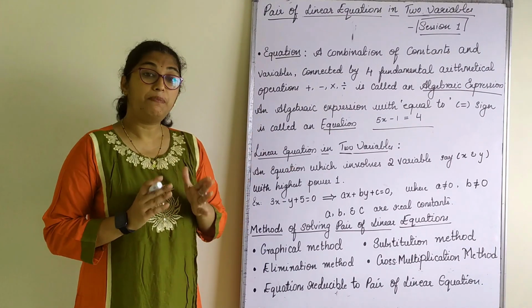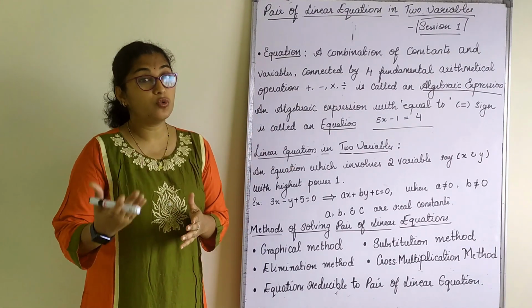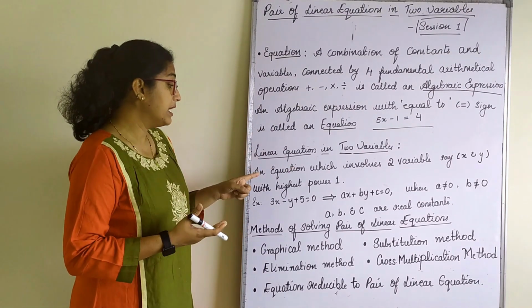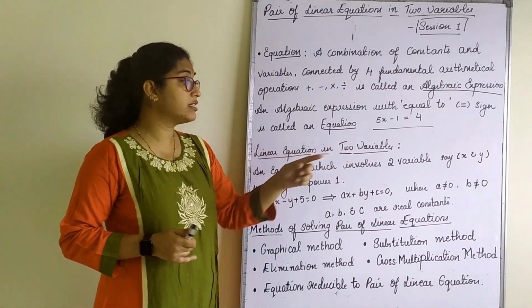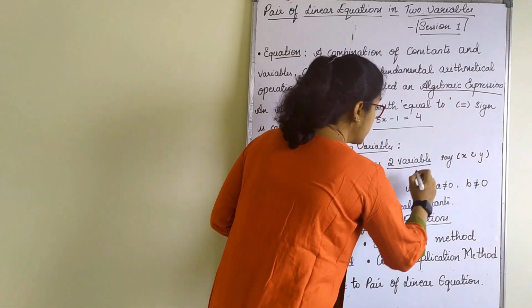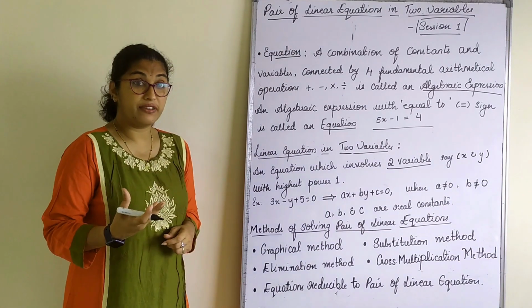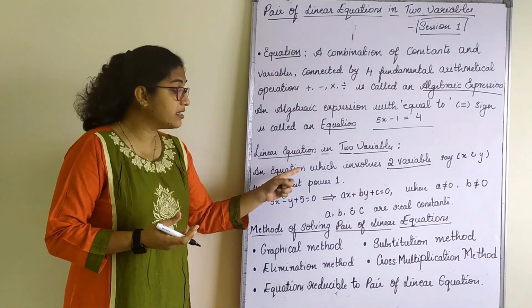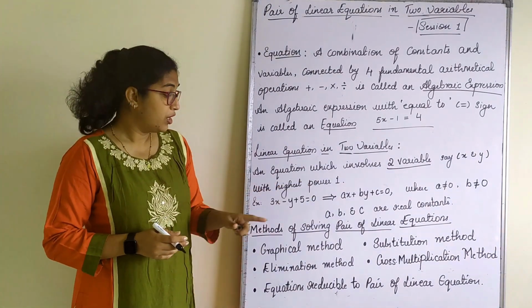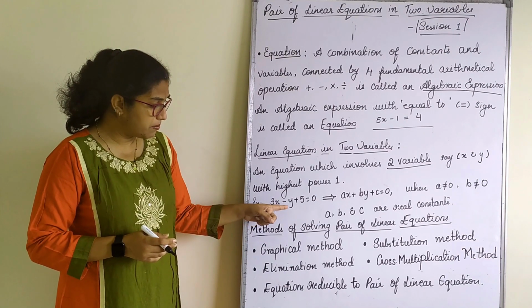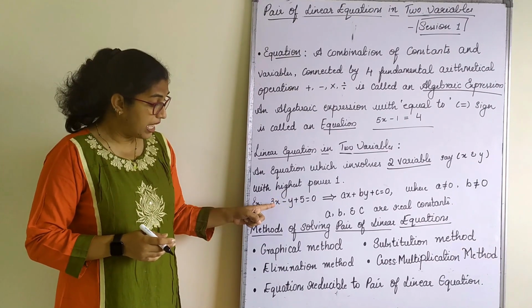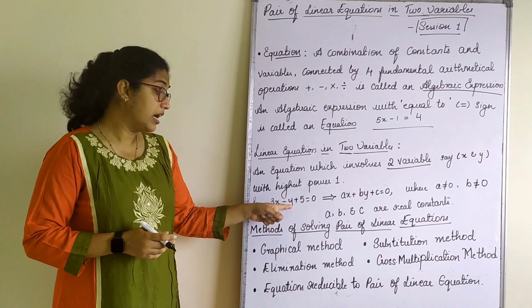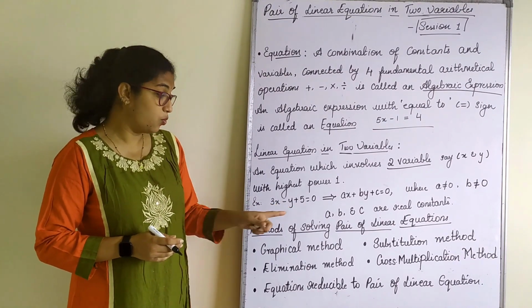When we talk about a pair of linear equations in two variables, it is an equation which involves two variables, say x and y, which we are solving together, with highest power of 1. For example, 3x minus y plus 5. Highest power of x is 1, highest power of y is 1.